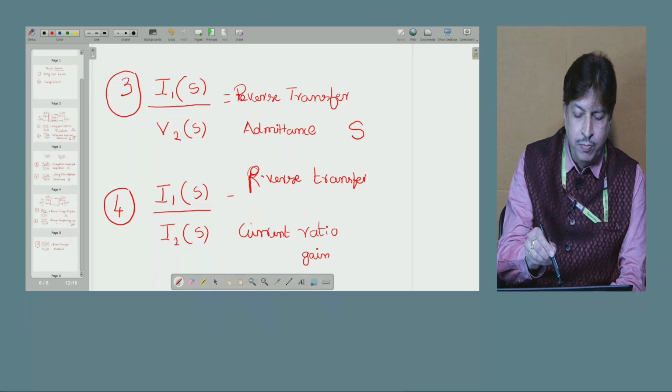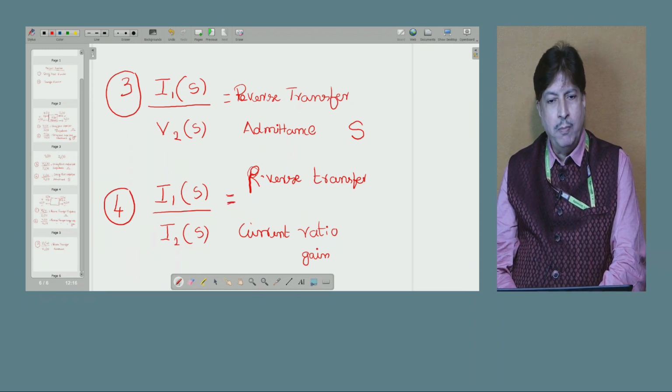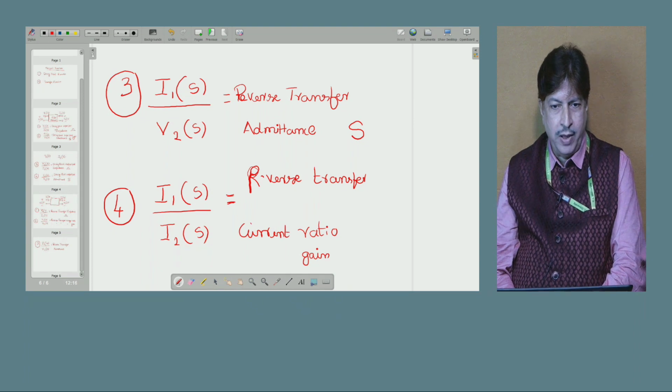And what should be the unit of this? It is a simple number, a constant value.